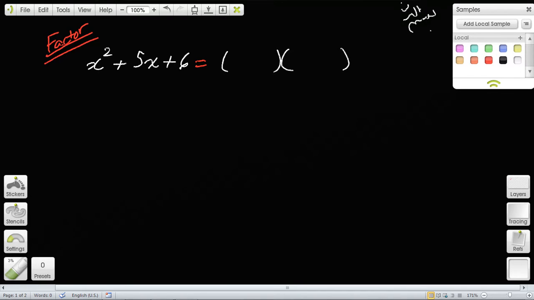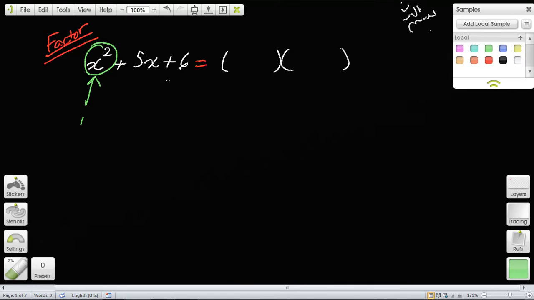Okay, now this process of factoring, you can do it in a certain methodical way to help you. Okay, and there are really 4 parts to the process. The first part is that you look at this term first, okay? You just look at that term. That's the first thing you do.